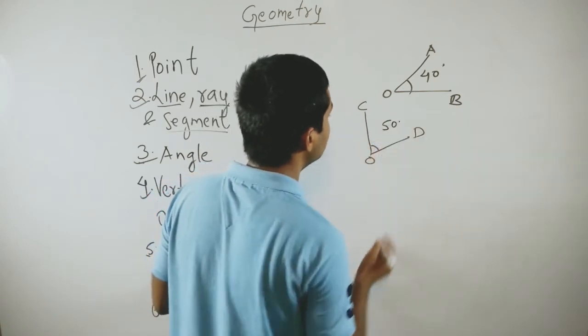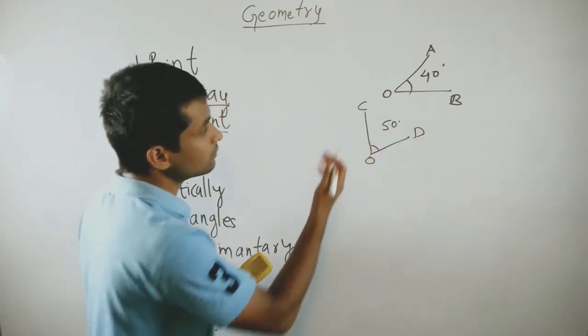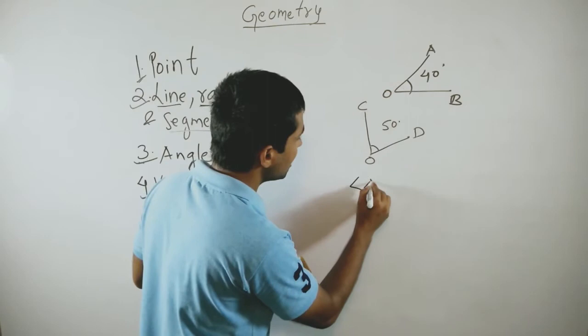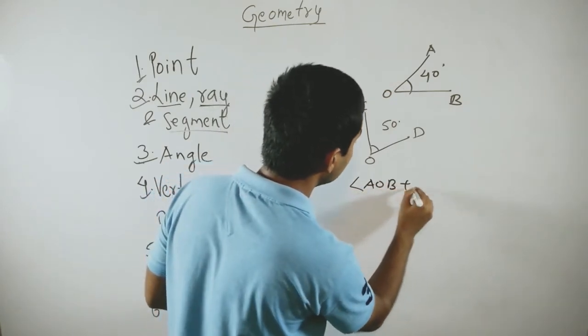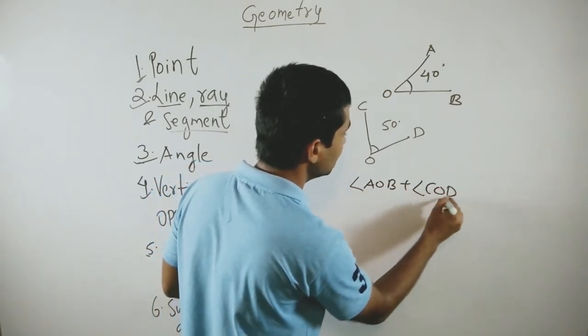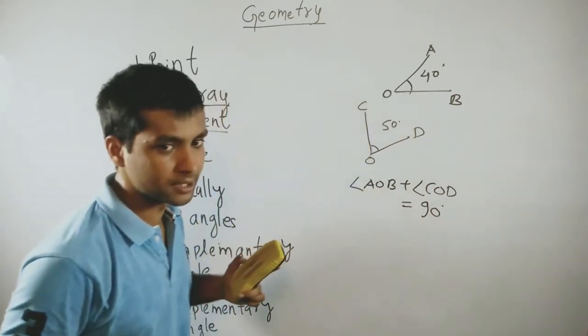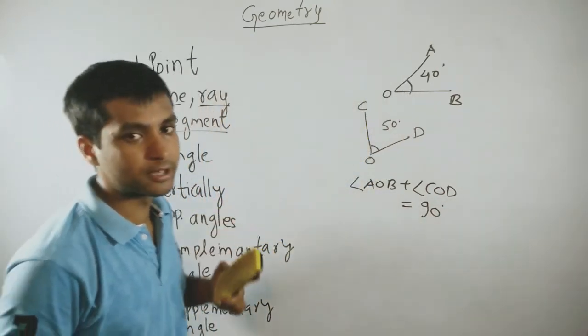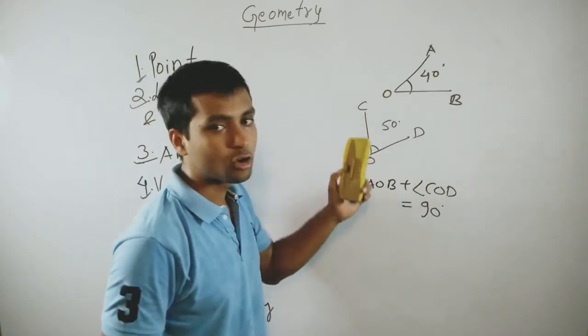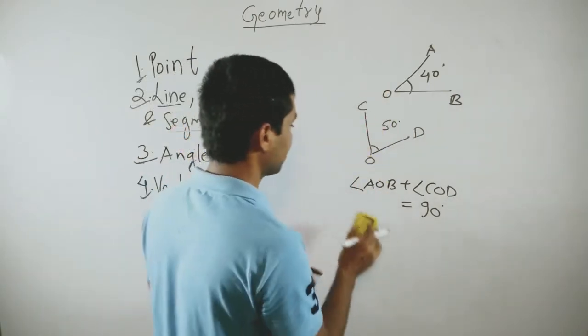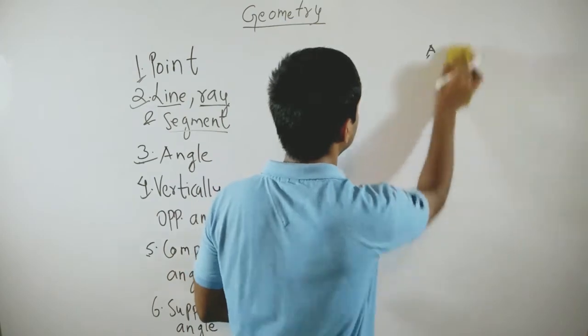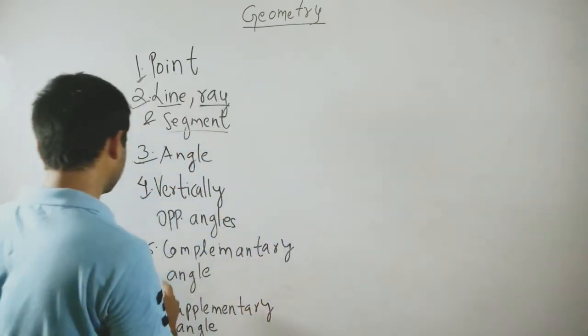This is 50 degrees. Then the sum of these two angles, angle AOB plus angle COD, equals 90 degrees. And if this happens, then we call them complementary angles. These two angles are complementary to each other.